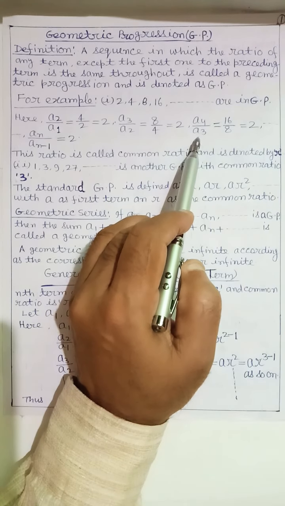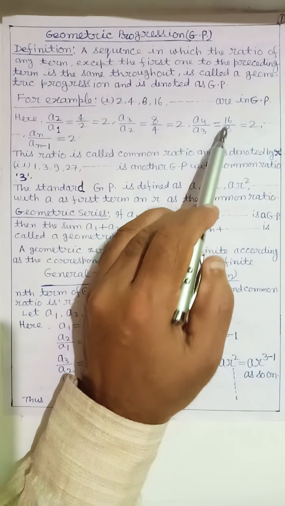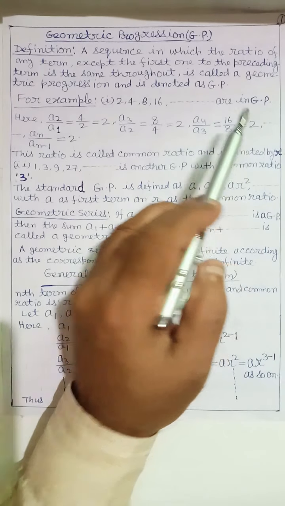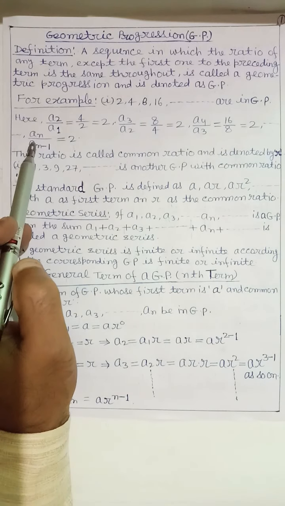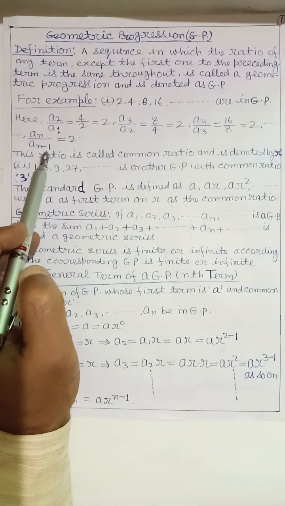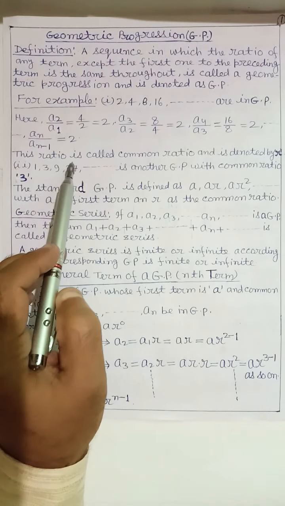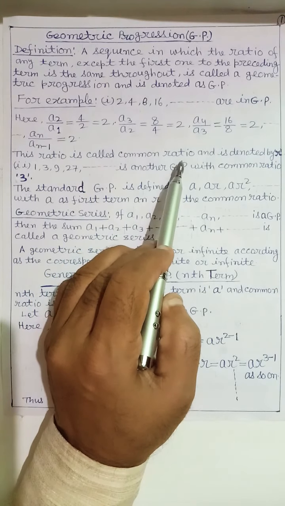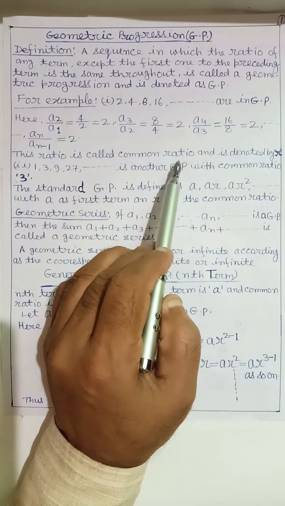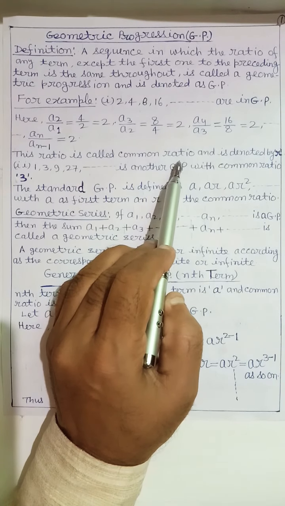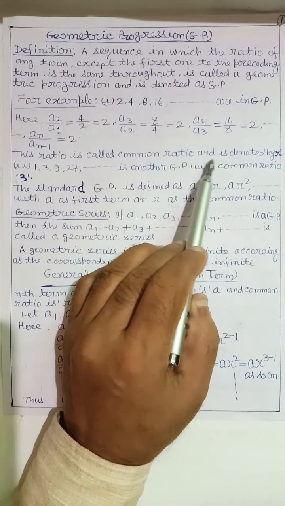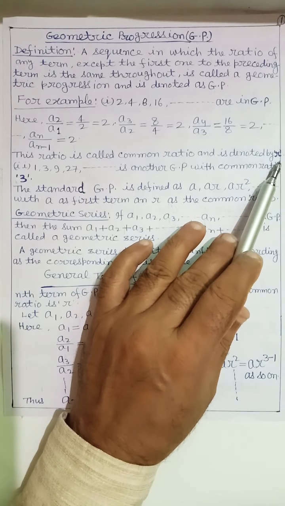A4 by A3 is equal to 16 by 8 equal to 2, and so on. An by An minus 1 equal to 2. This ratio is called common ratio, not common difference, and is denoted by small r.